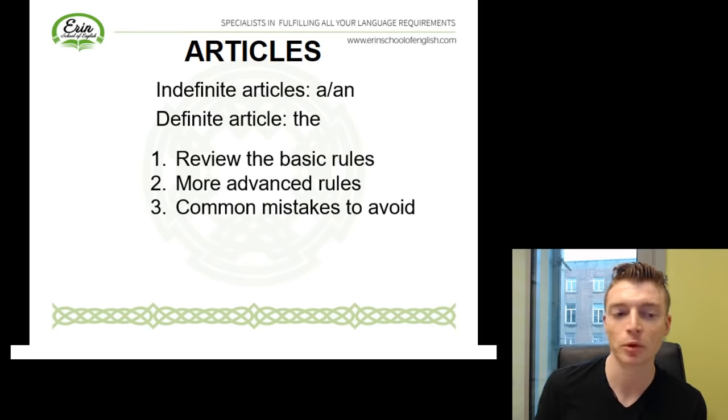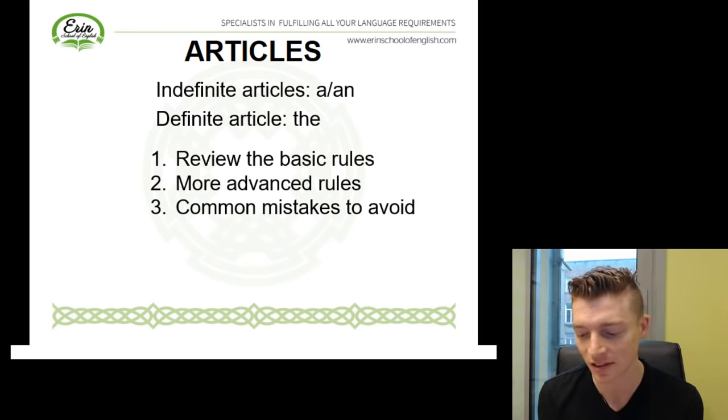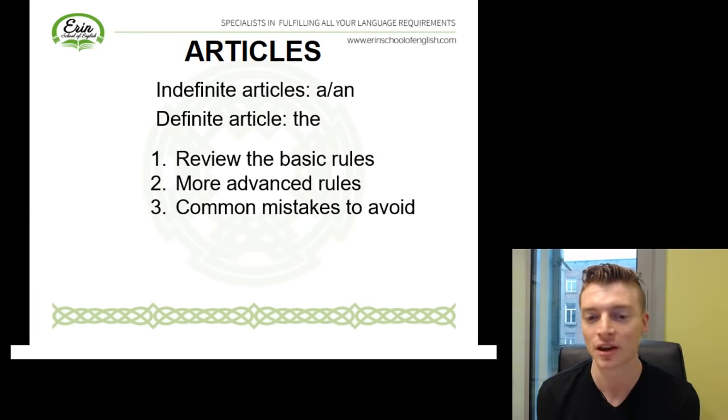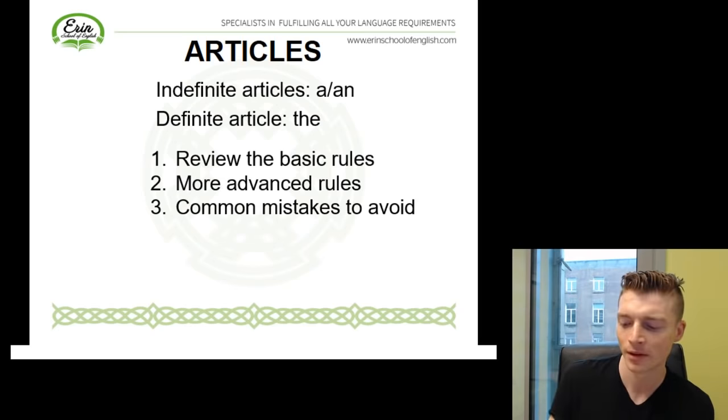And finally, we'll look at some of the most common mistakes to avoid. Some mistakes a lot of non-native English speakers make, and hopefully after this lesson, you guys will be able to avoid making them. Let's go.